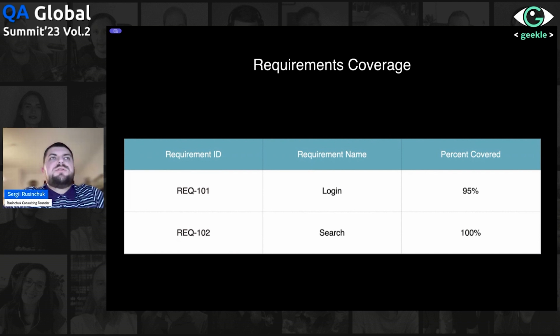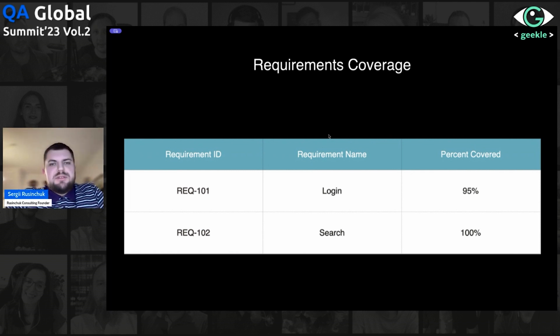Requirements coverage. If we are talking about software, there should every single time be some requirements written by, I don't know, business analysts, requirements analysts, provided by the product team or someone else who holds this position and is responsible for creating those requirements. In QA processes, in QA teams, we can implement such a metric as well.